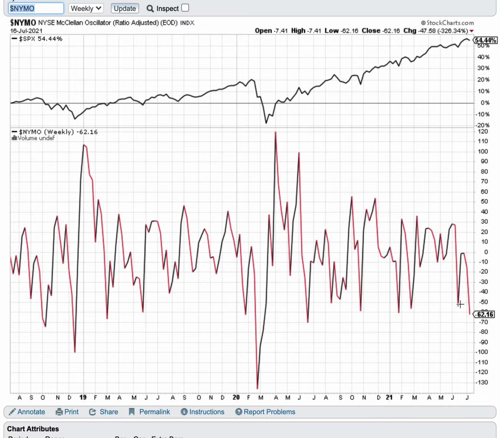I still think there could be plenty more work to do here. We can still see this go lower, and we could still see the put call ratio go higher before we get a significant intermediate term bottom in the S&P. But I do feel like we're working in the right direction.